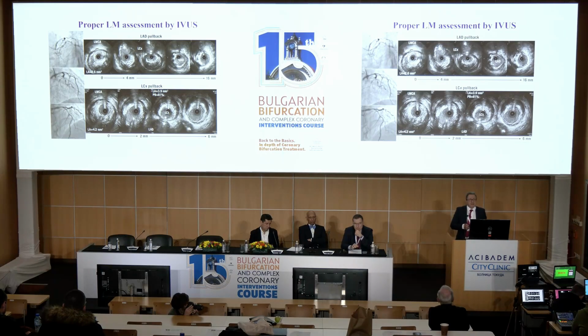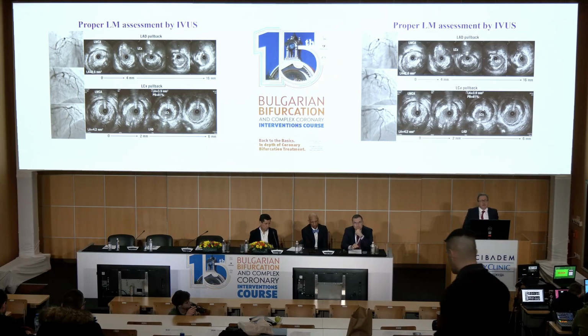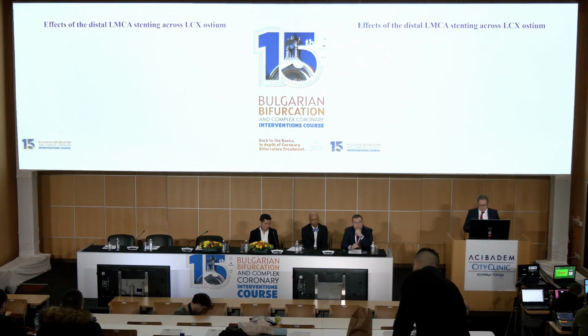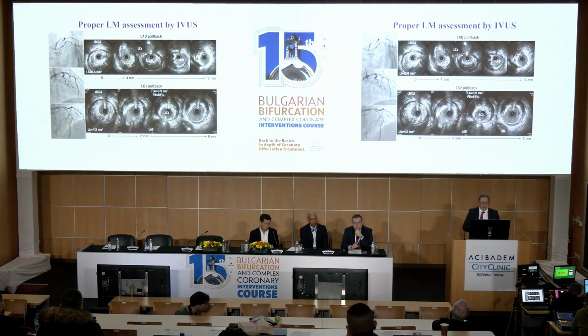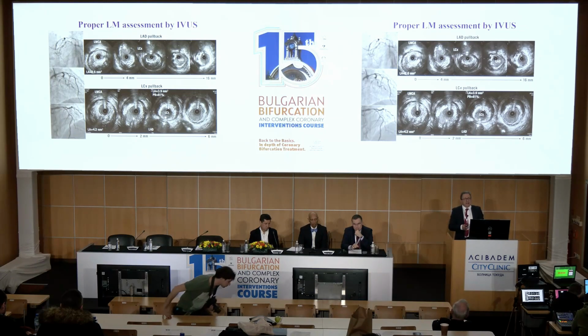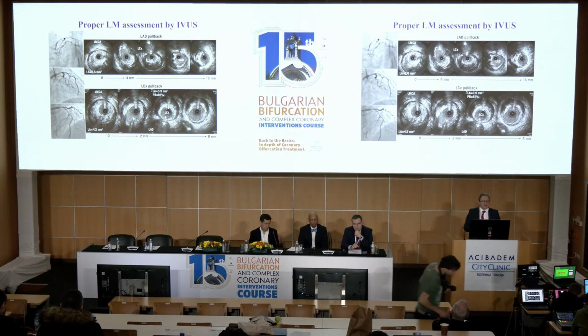Taking into account the assessment of left main, especially the distal part of the left main, we have to remember that we need, let's say, 2 pullbacks. One from the LAD, the second from the circumflex.